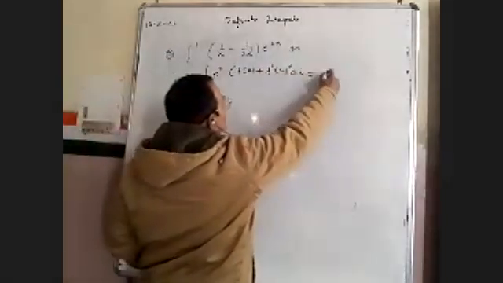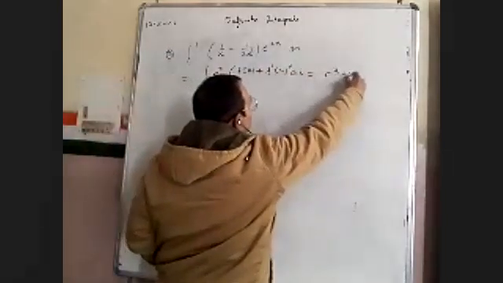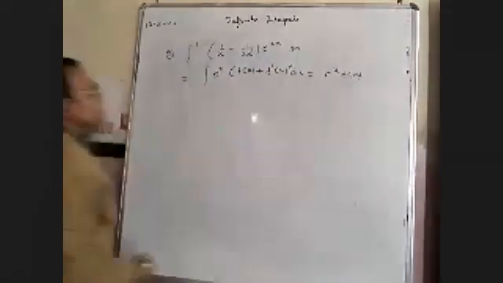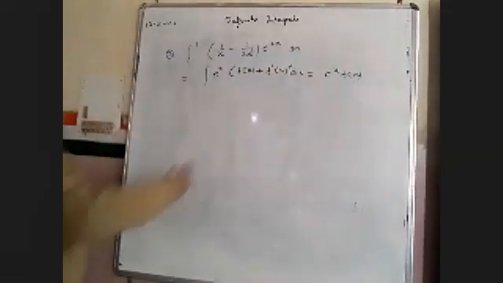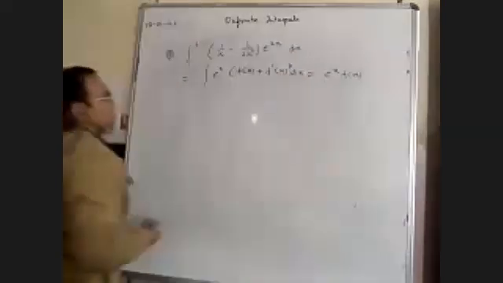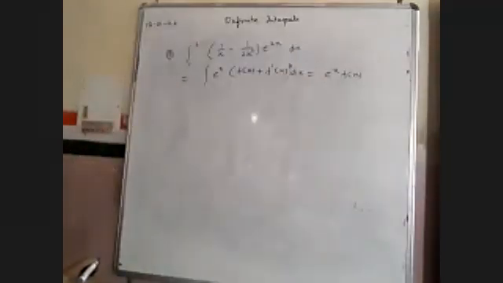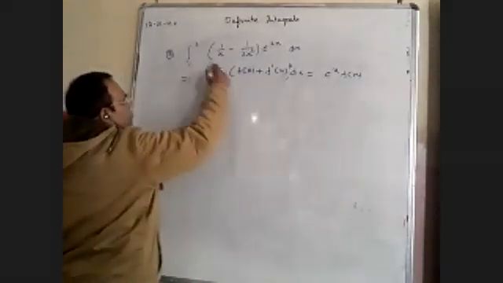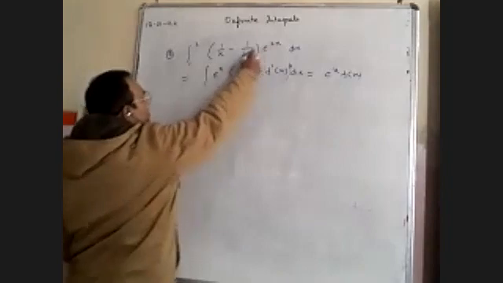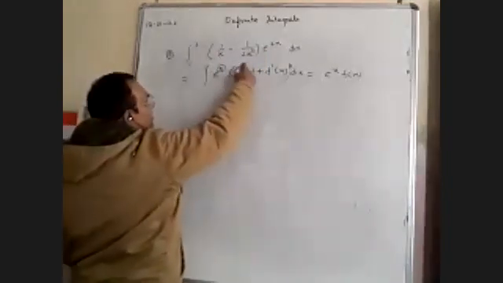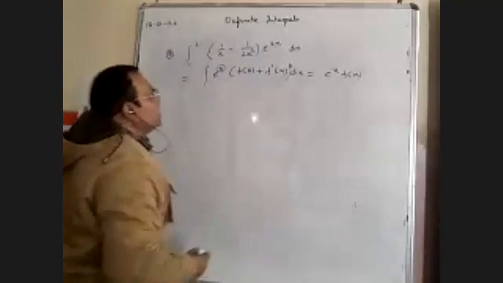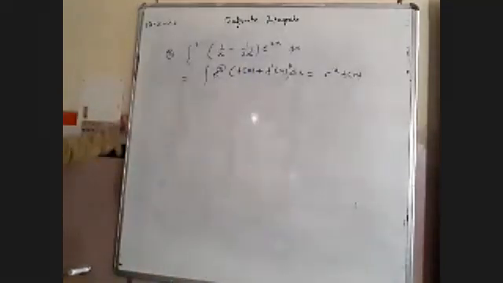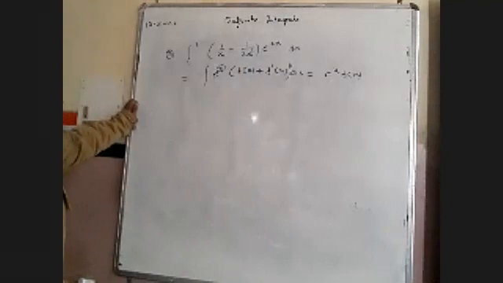Then you can use e to the power x fx by using this relation. We can write e to the power x fx, because here we have e to the power x only. If you have e to the power 2x, you have to divide by the differential coefficient of the power. ये आपको याद रखना पड़ेगा कि जब भी कभी ऐसा होता है कि e की पावर x की जगह e की पावर 3x हो गई तो you have to divide by 3, है ना.